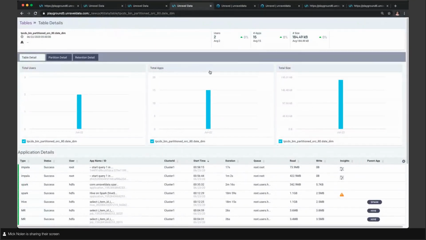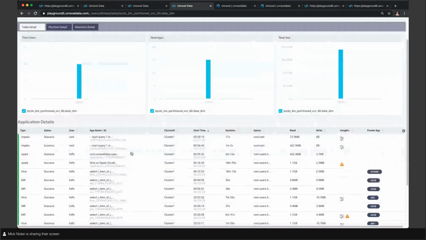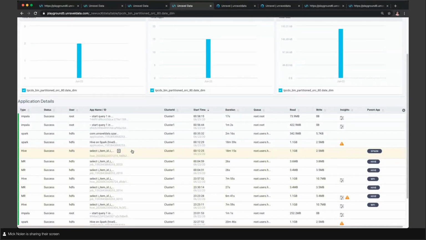And we can get even more granular down to the partition level. Within the partitions, we can see which ones are most active. And then the critical piece to this is understanding who's using that data from an application perspective. And that's what you're seeing on this table level view here. So I've got particular users that are using this data, and they need to be accounted for when I move that data or I move that app.